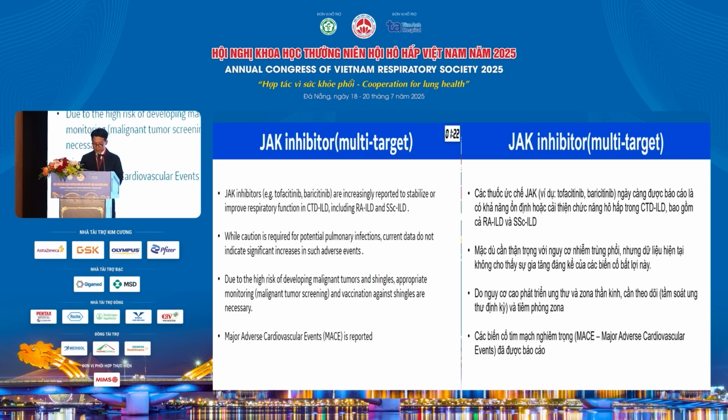Through pre-treatment evaluation, CT scan, endoscopy, and administration of vaccines are necessary. Additionally, thrombosis requires particular attention as a major adverse cardiovascular event.